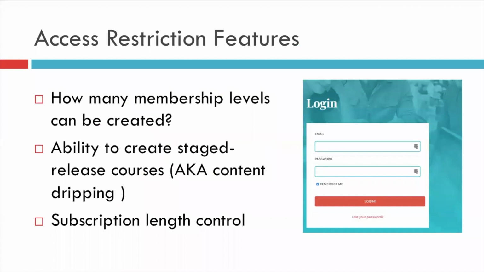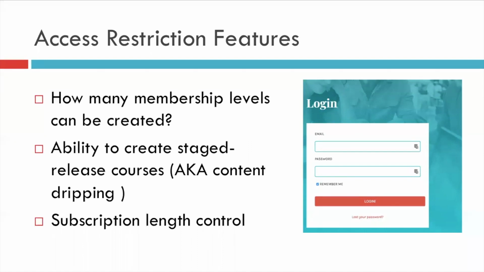A lot of the plugins out there offer an unlimited amount of membership levels, but some do not. I don't know it from experience, but I was told that ClickFunnels membership, I'm sorry, limits you to only one membership level.